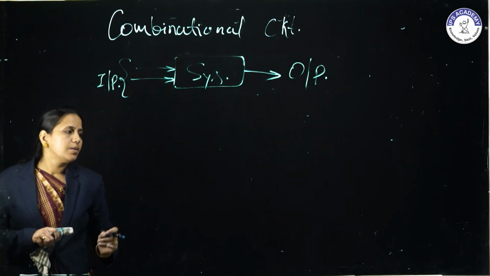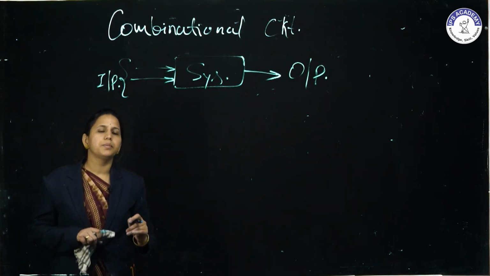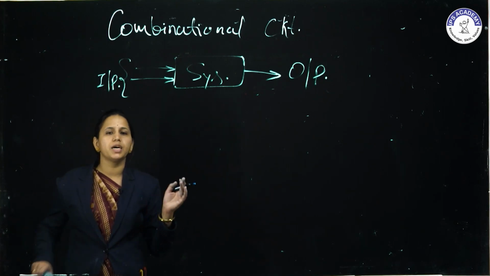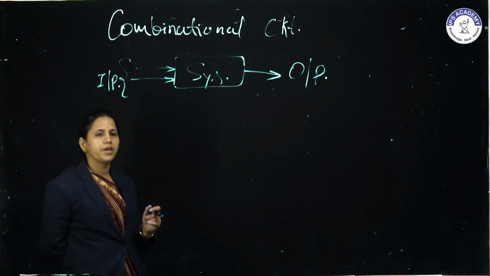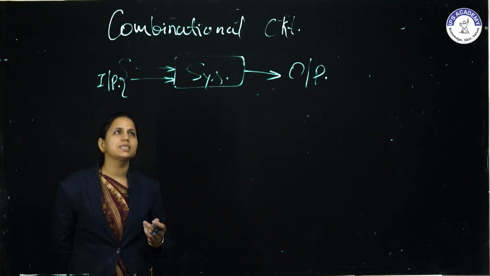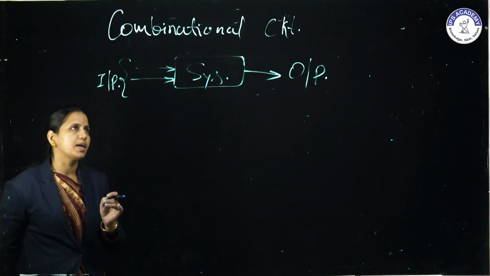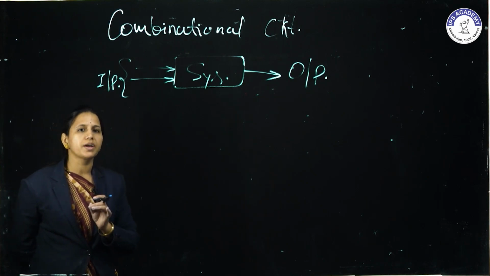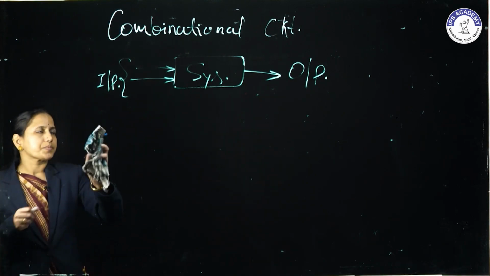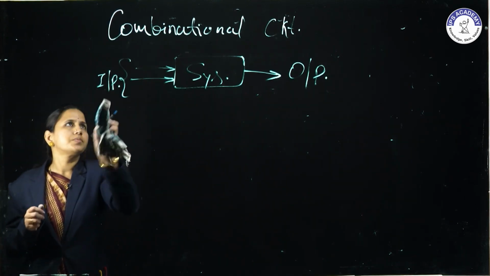Basically, adder, subtractor, multiplexer, these are types of combinational circuits. Flip-flop, register, counter, these are types of sequential circuits. So in this particular lecture, we are talking about half adder and full adder.